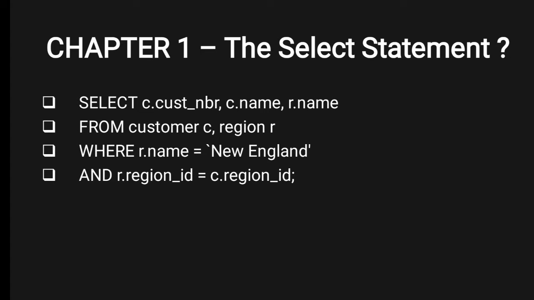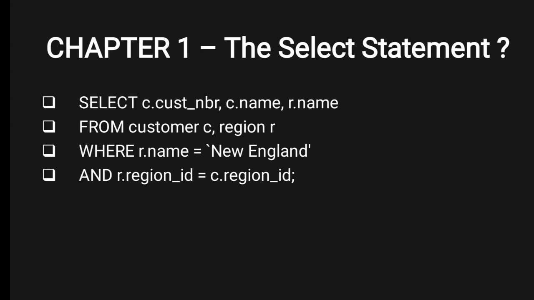Our from clause now contains 2 tables instead of 1, and the where clause contains a join condition that specifies that the customer and region tables are to be joined using the region ID column found in each table. Joins and join conditions will be explored in detail in chapter 3.